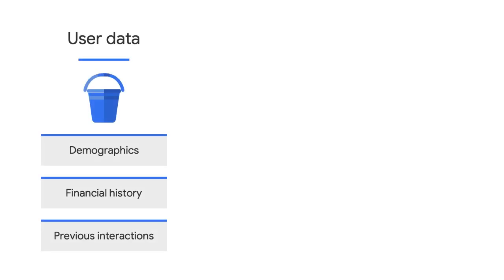Here's another example. If you took Introduction to Digital Transformation with Google Cloud, you might remember Jane. She's a personal banker. What does her data ecosystem look like? Well, user data sets might include user demographics, user financial history, and previous user interactions.